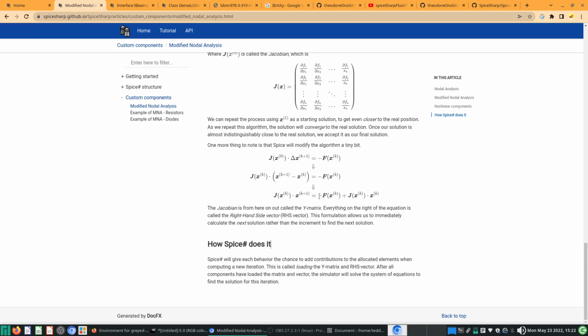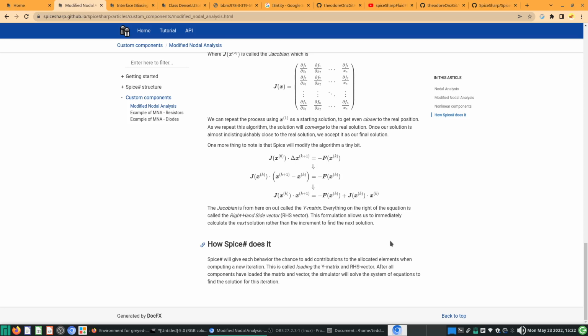I guess this dot product here, and this thing added together, is the right hand side vector, the RHS vector. This formulation allows us to immediately calculate the next solution rather than the increment to the next solution.